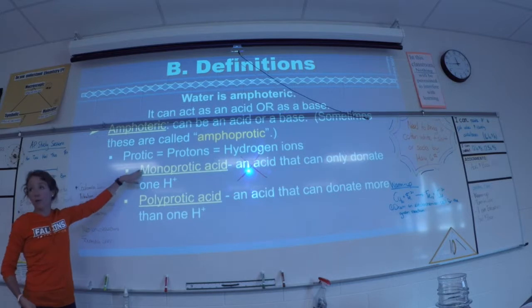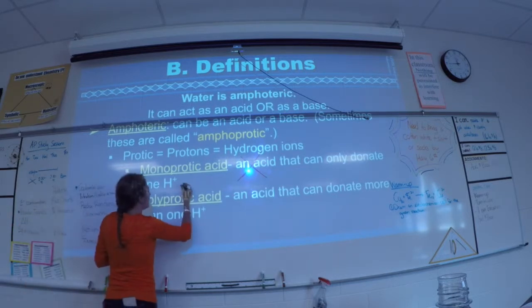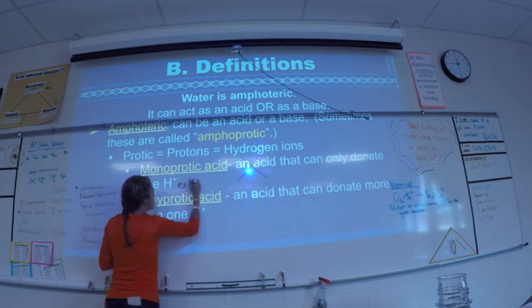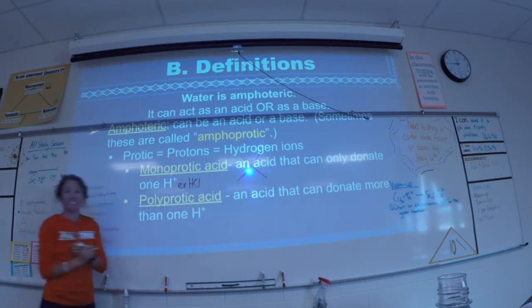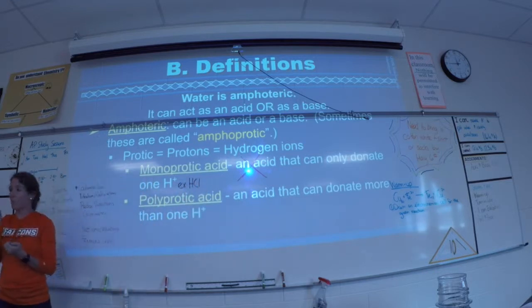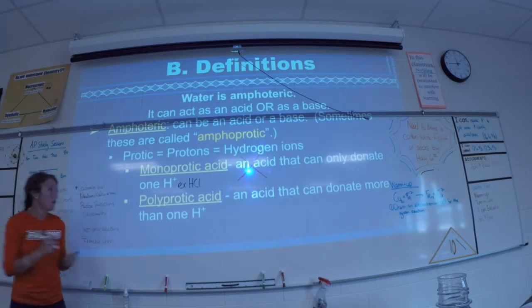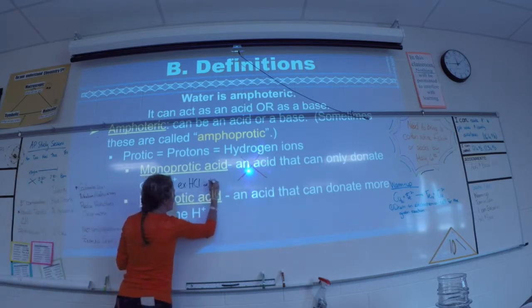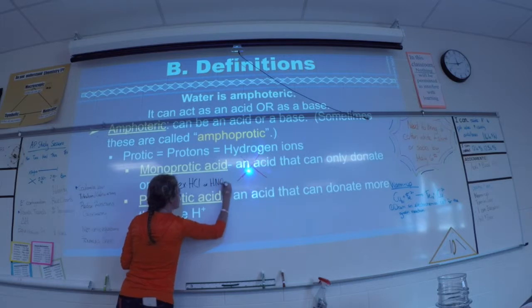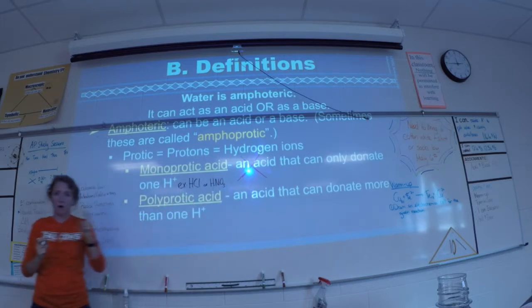Okay, so a monoprotic acid is an acid that has one hydrogen. For example, HCl would be classified as monoprotic because it has one proton. Or another example would be HNO3, still just one proton.